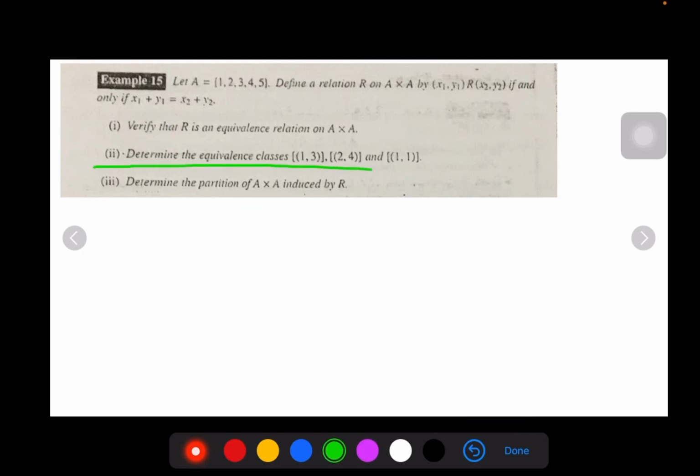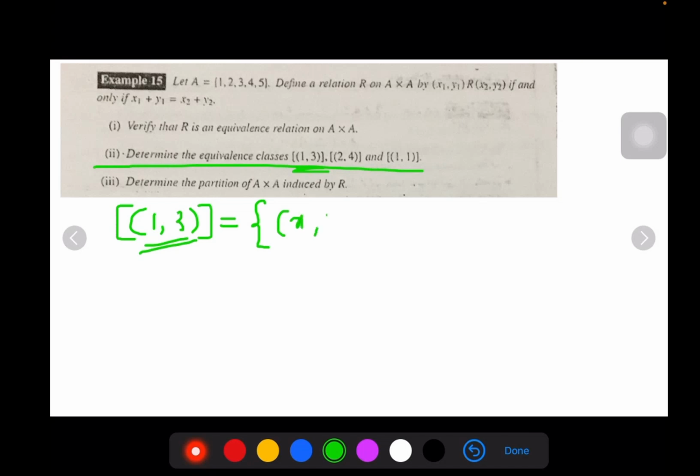Next, moving on to the second one, you have to determine the partition induced by R. So how do we prove this? We will start with the first element. We have to find out equivalence class of 1, 3. So as per the definition of the equivalence class, how do I write equivalence class of any element? Set of all x, but here it's not x because your element is not in a single value, it's an ordered pair value.